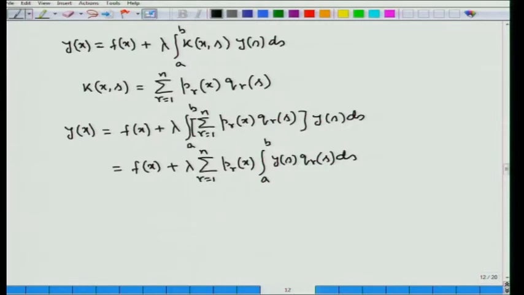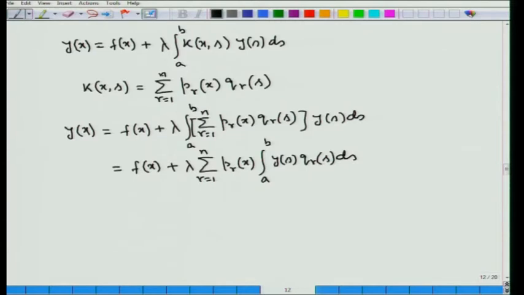Now, this kernel is separable, so p_r(x) and q_r(s) are known whenever r ranges from 1 to n, but y is the unknown quantity.